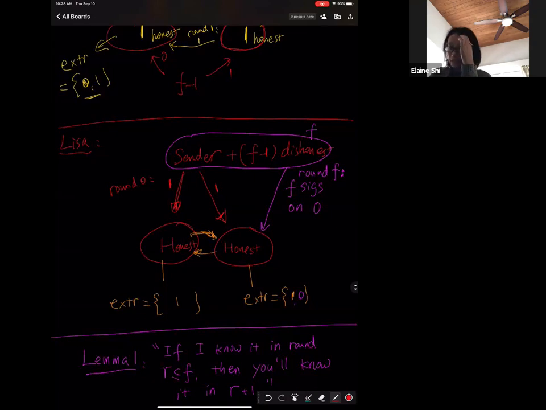I'll let you think about it for like 30 seconds yourself. If I had tried to make this attack work, but now the protocol is run for f plus 1 rounds, what will happen? Why doesn't the attack work if it's run for f plus 1 rounds?